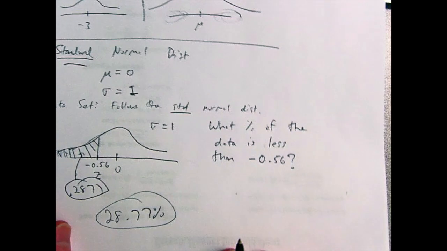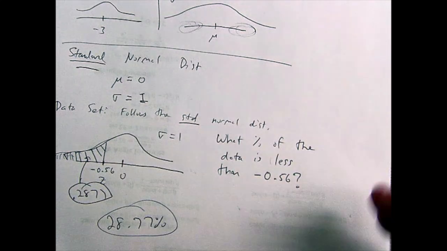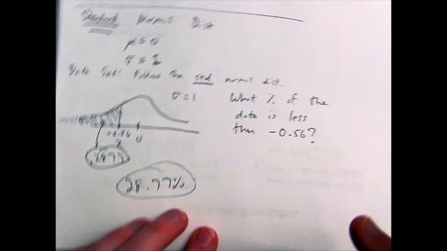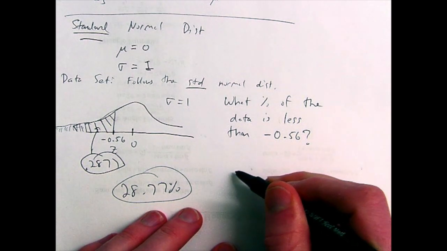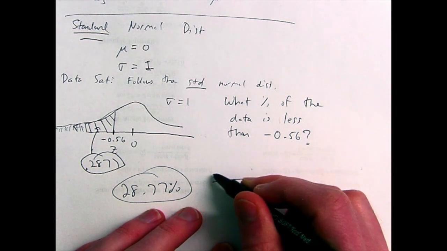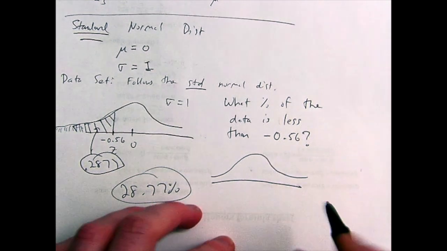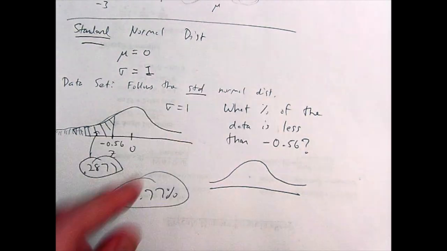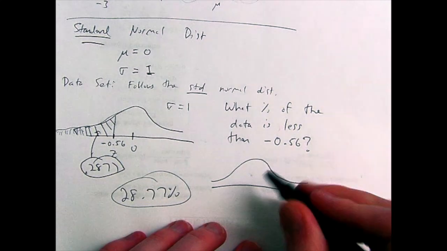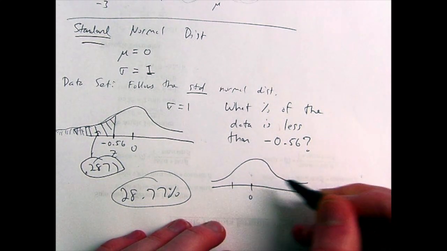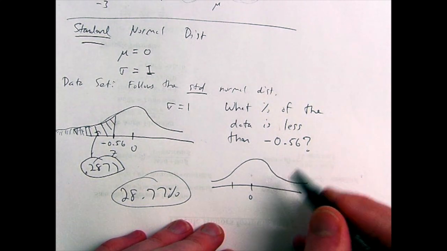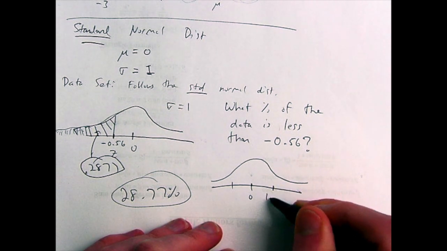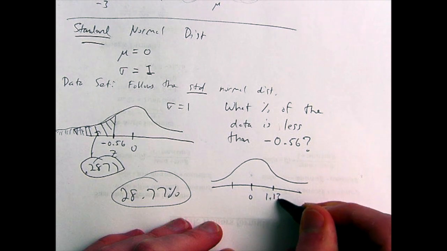So questions about the percentage of data correspond to areas under the curve. And that's the basic idea. Say you have a data set once again following the standard normal distribution, and you want to know what percentage of the data sits to the right of 1.13 or something.